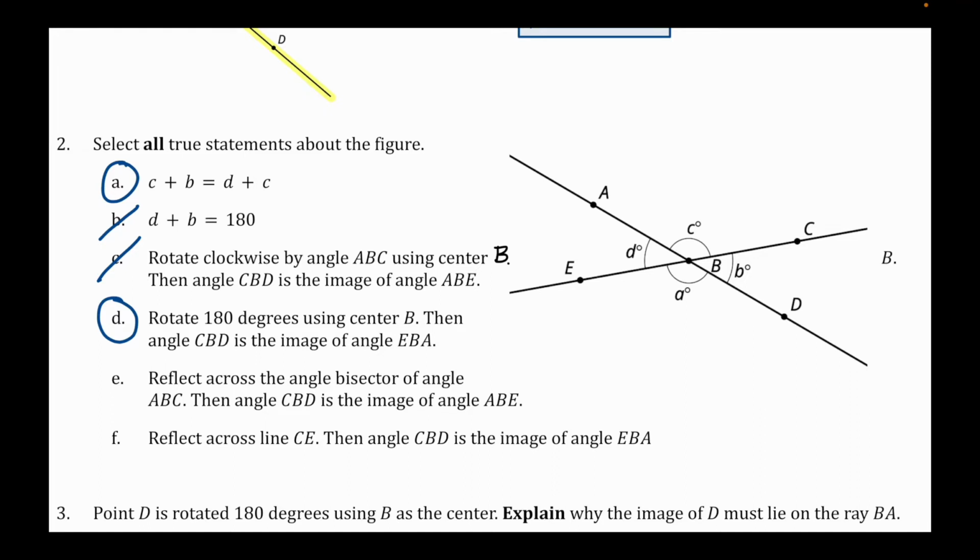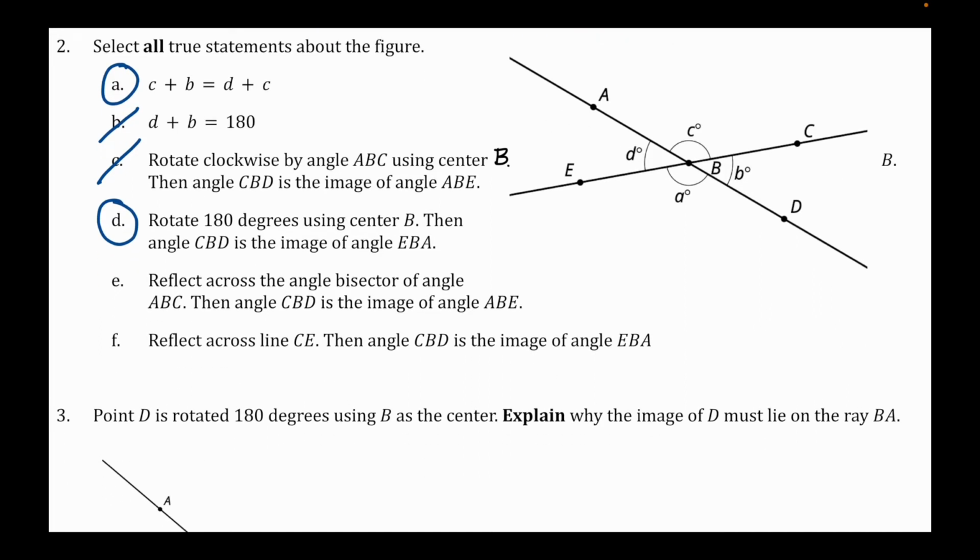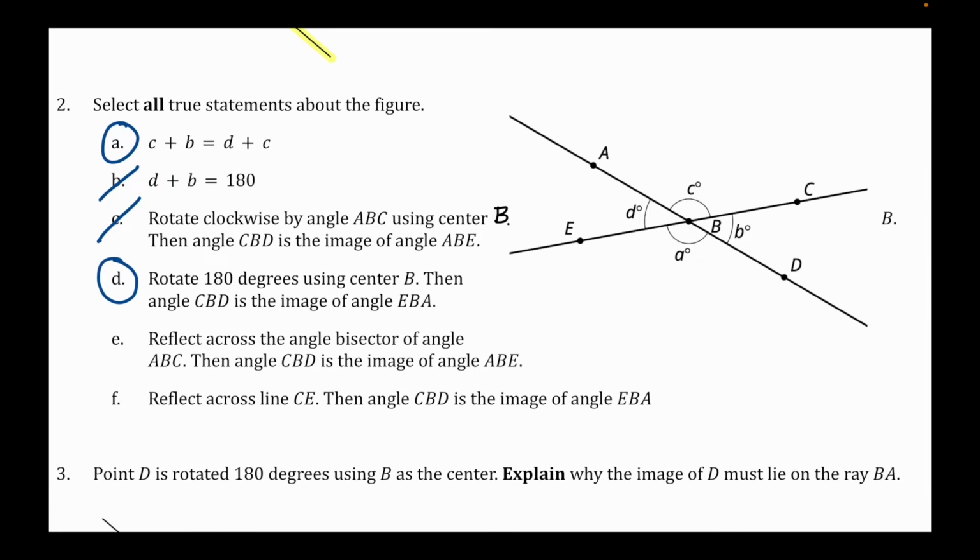Let's look at our option E. Reflect across the angle bisector of angle ABC. Okay, so let's look at ABC. That's this one here. So they're saying reflect across the angle bisector. And then angle CBD is the image of angle ABE.